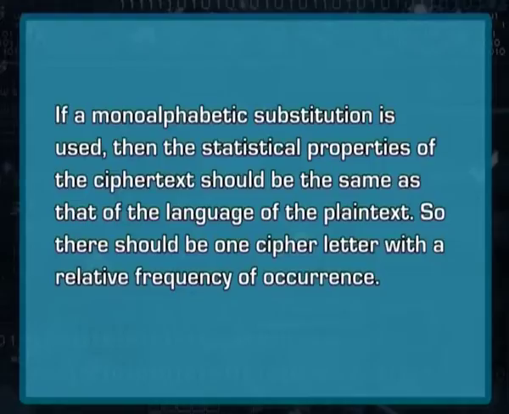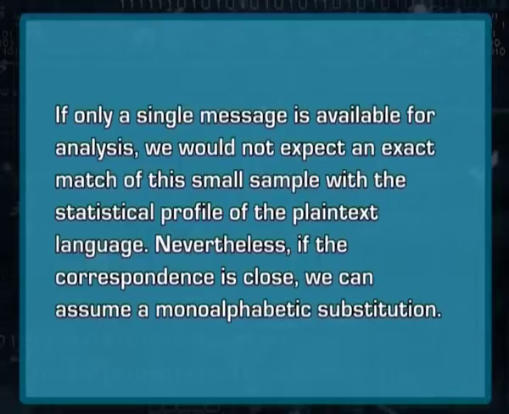So, there should be one cipher letter with the relative frequency of occurrence. If only a single message is available for analysis, we would not expect an exact match of this small sample with the statistical profile of the plain text language. Nevertheless, if the correspondence is close, we can assume monoalphabetic substitution.